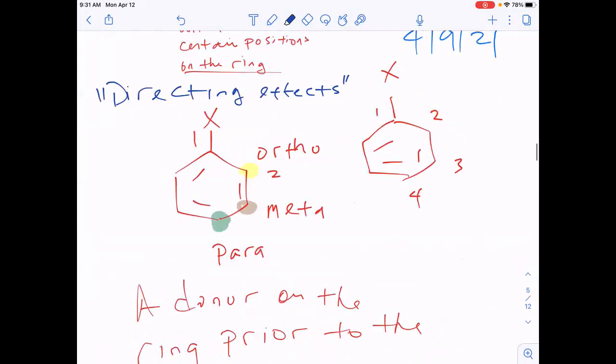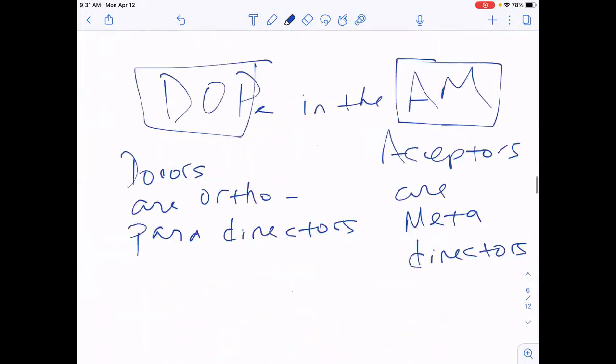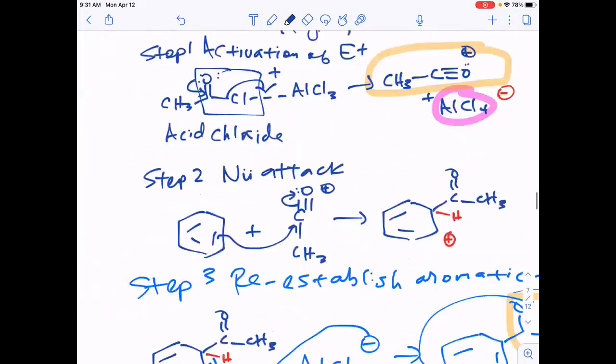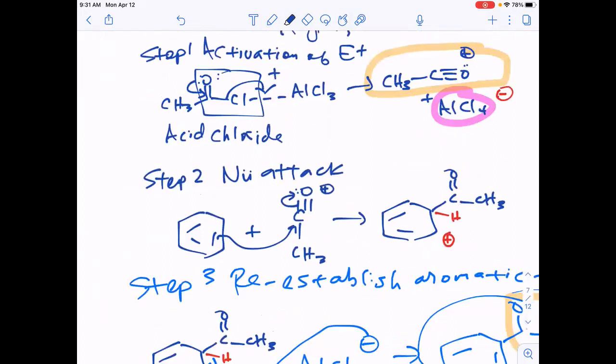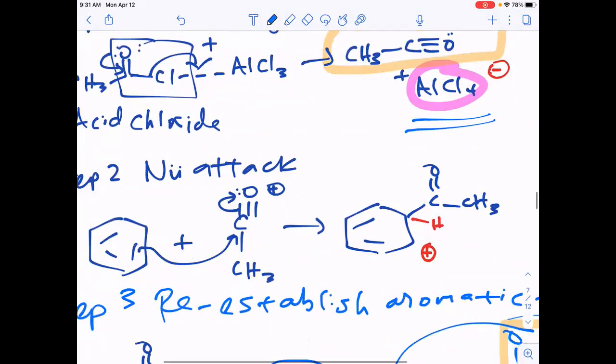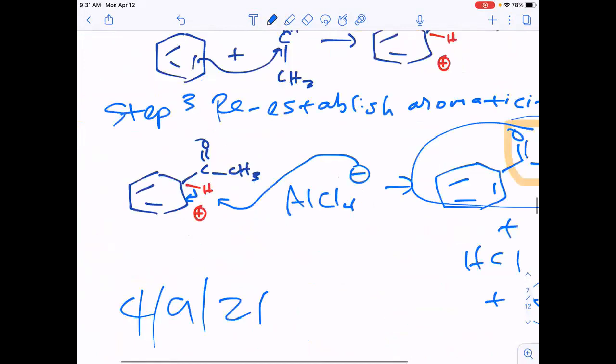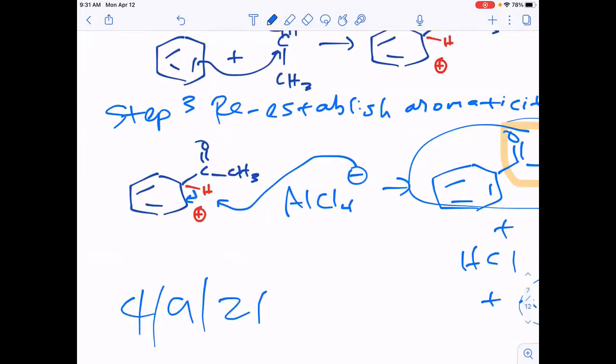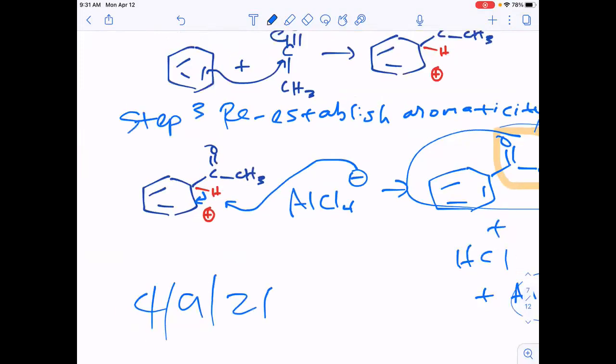Actually, let me just go to where we did an acylation down here. Part of the mechanism is you always start with an acid chloride, and the catalyst becomes negative by pulling off the chlorine from the acid chloride. Then at the end of the reaction, when you get ready to reestablish the aromaticity, that same anion comes in and acts as a base and pulls that hydrogen off so you can do your elimination and put your double bond back.